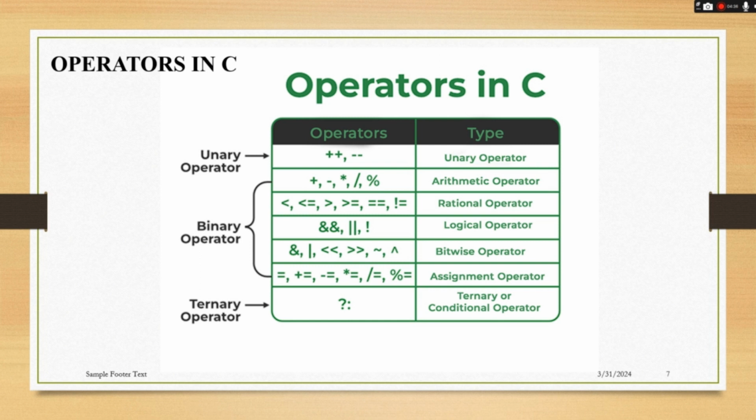In unary operators, we have the increment and decrement operators. In binary operators, we have a collection of operators like arithmetic, relational, logical, bitwise, and assignment operators. The ternary operator can be used for an if and else statement. So let's move on.